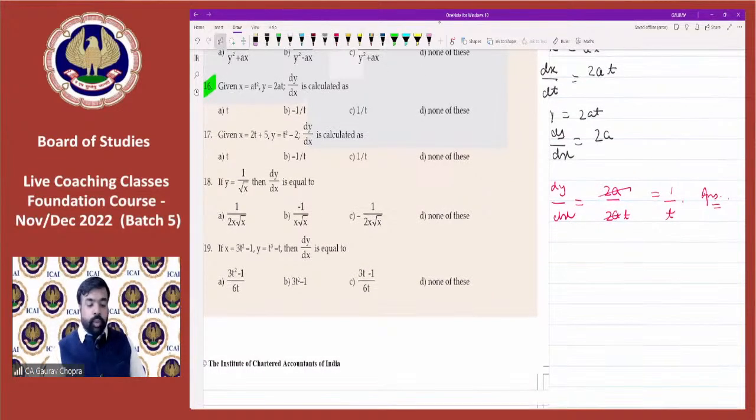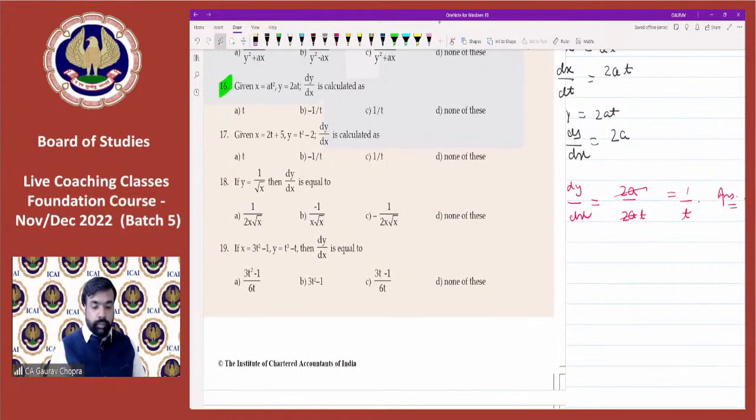Then let's try one more. 17th. X is equal to 2t plus 5 and y is equal to t square minus 2. Find dy by dx. Now, if we want, we can try in one shot also. Question number 17. Dy by dx.